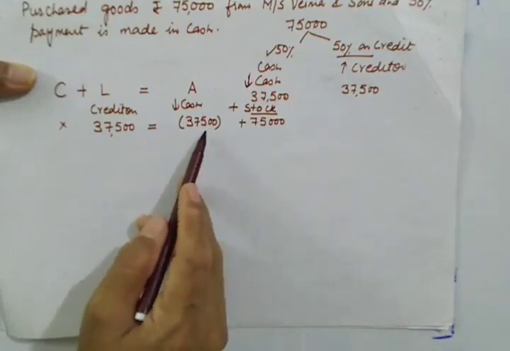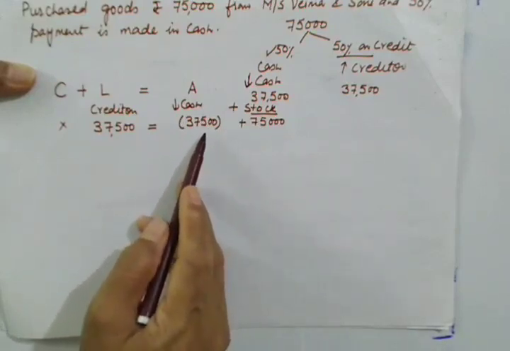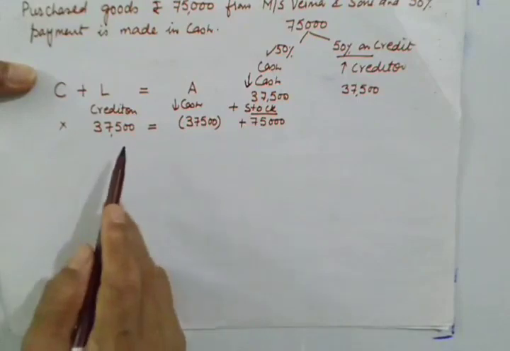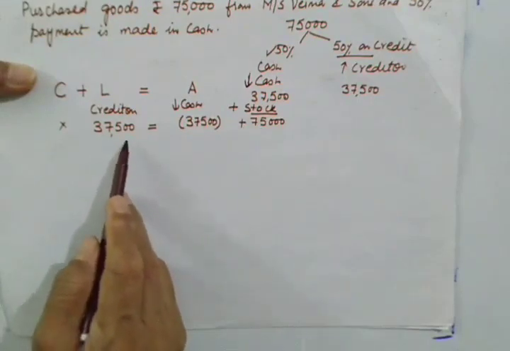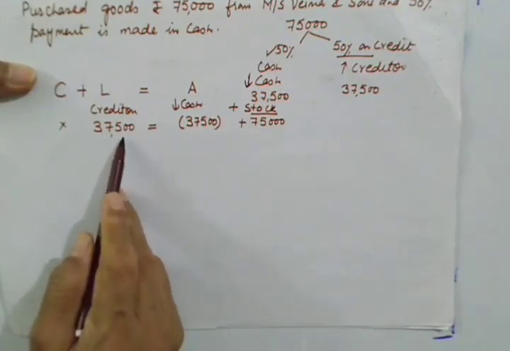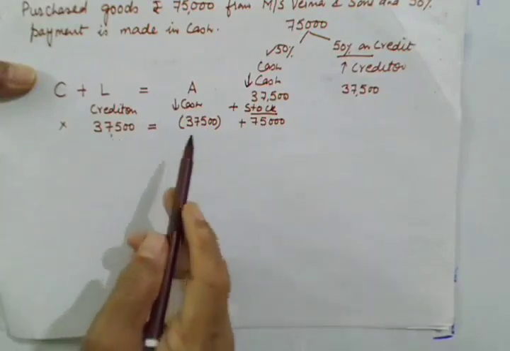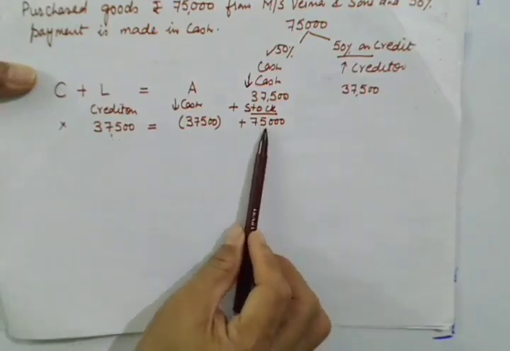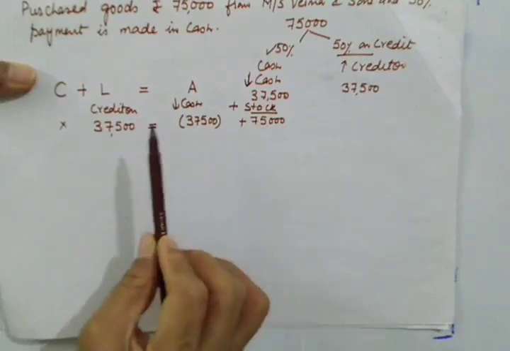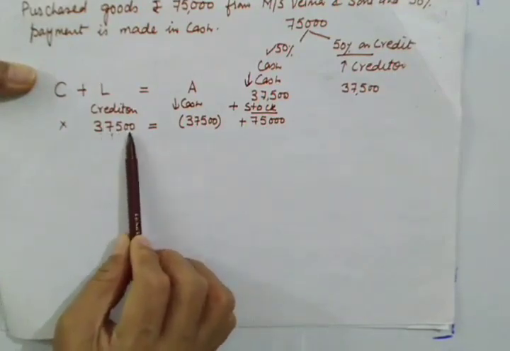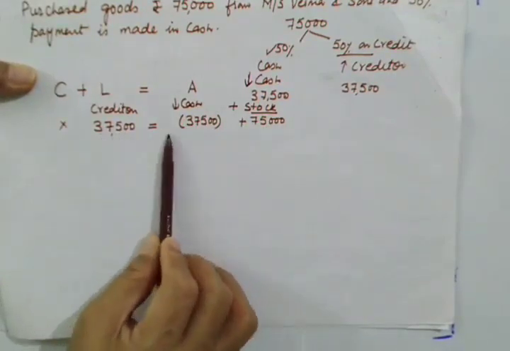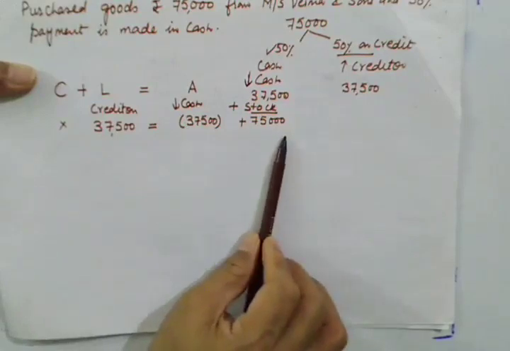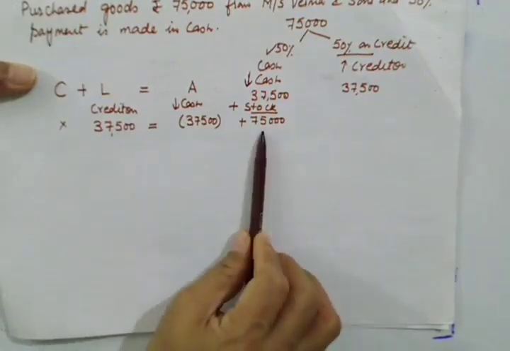So ultimately you are adding 37,500 on the asset side and adding 37,500 on the liability side. I repeat, on the asset side you are adding 37,500 and on the liability side you are adding 37,500. So the equation will balance. I hope this transaction is clear to you.